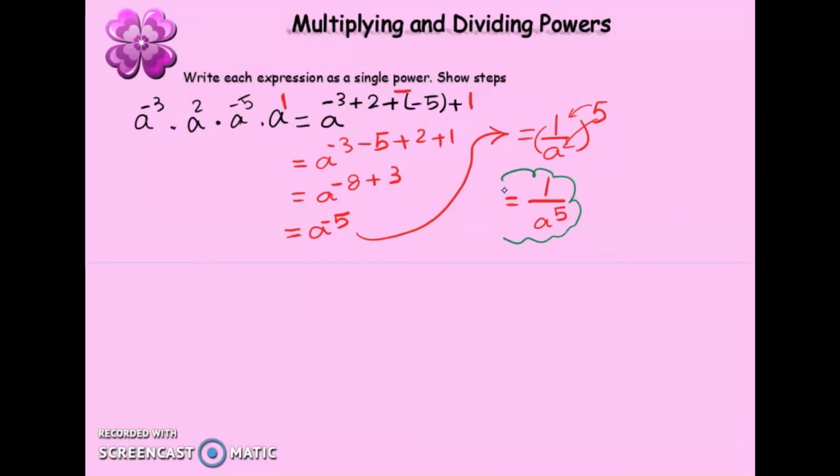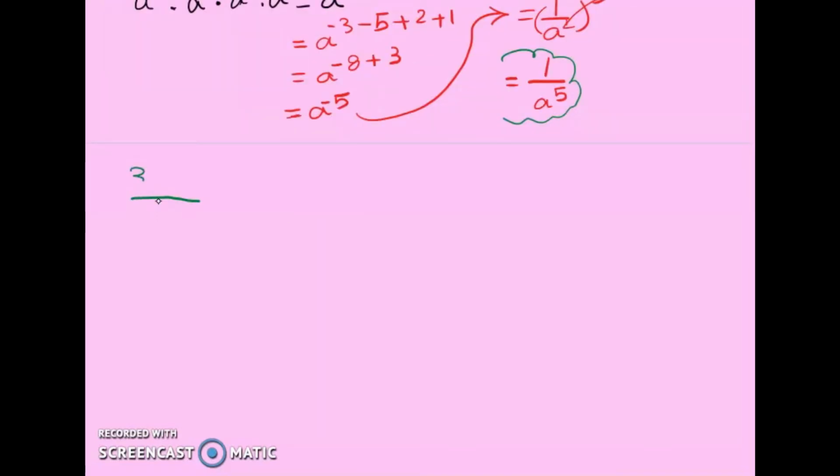Next example. Suppose you are given 3 to the 2 times 3 to the 8, over 3 to the -12. We are going to simplify this one. First, let's do the top. On top, you have 3 to the 2 times 3 to the 8.